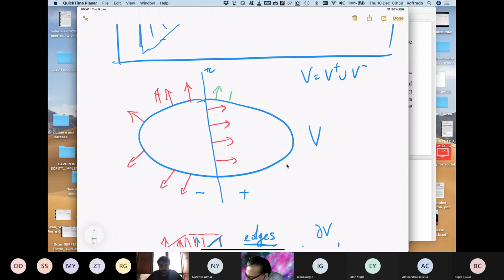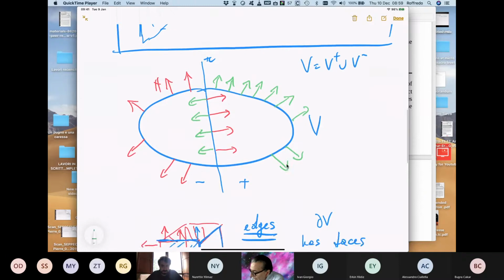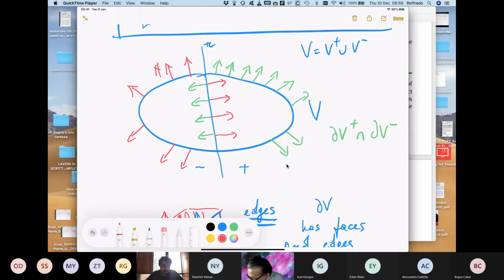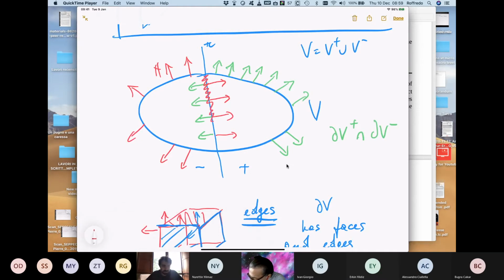When you go back to the normals, which I'm drawing green, of V plus, you find that the outer pointing normals on the boundary of V plus in common with the boundary of V minus, so dV plus intersected dV minus, which is this surface here.